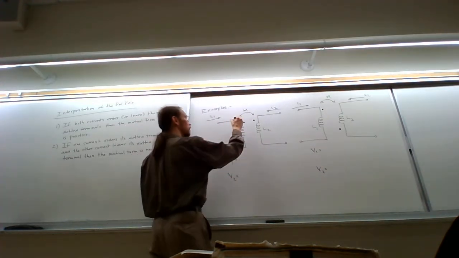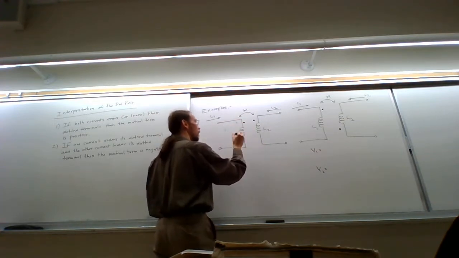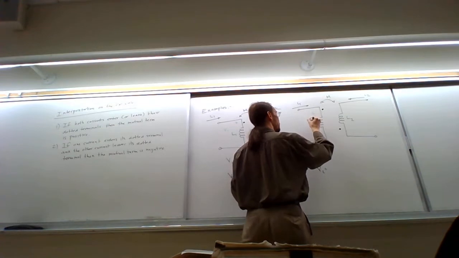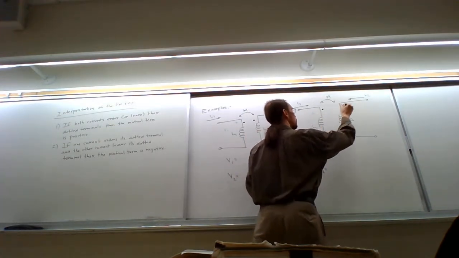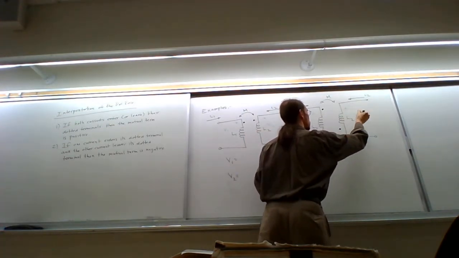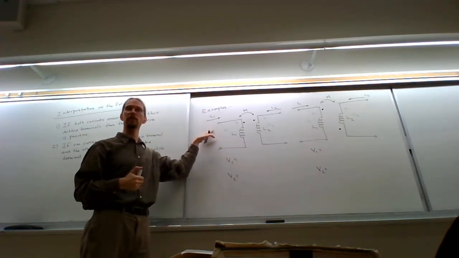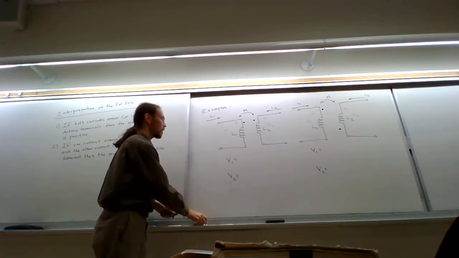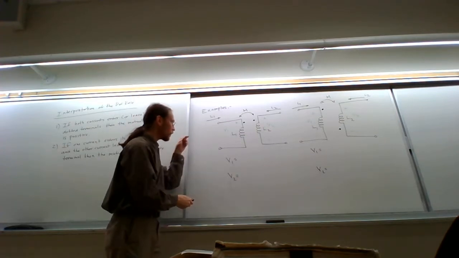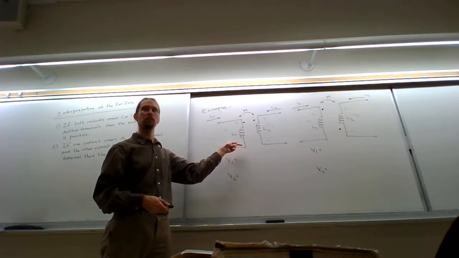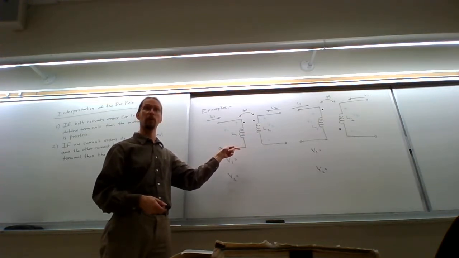Now, the voltages are across each one of these, like so. And let's concentrate on this voltage V1 across this inductor first. Right? Now, the fact that there's a current I1 flowing through this inductor means that there's going to be a self-induced voltage, right?